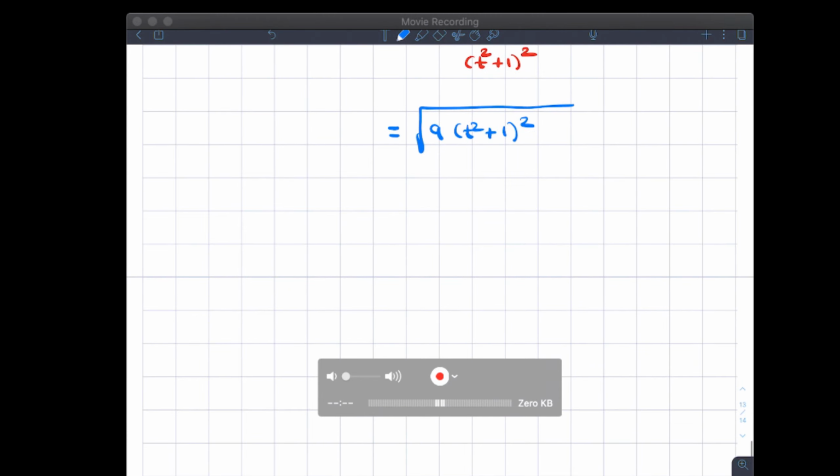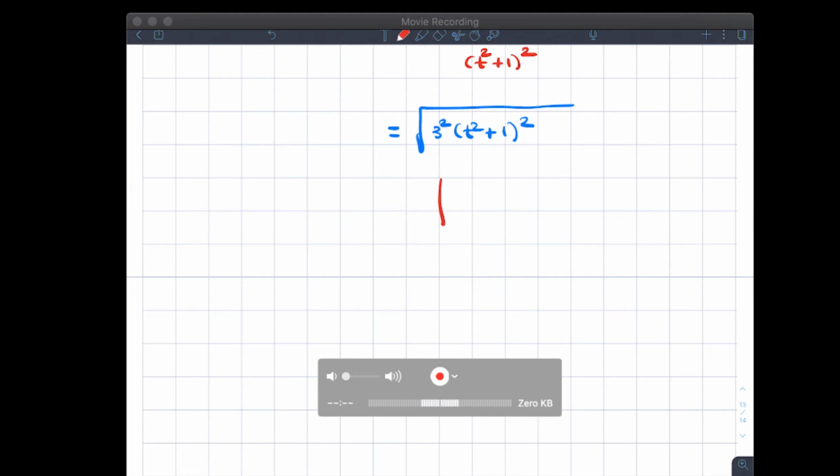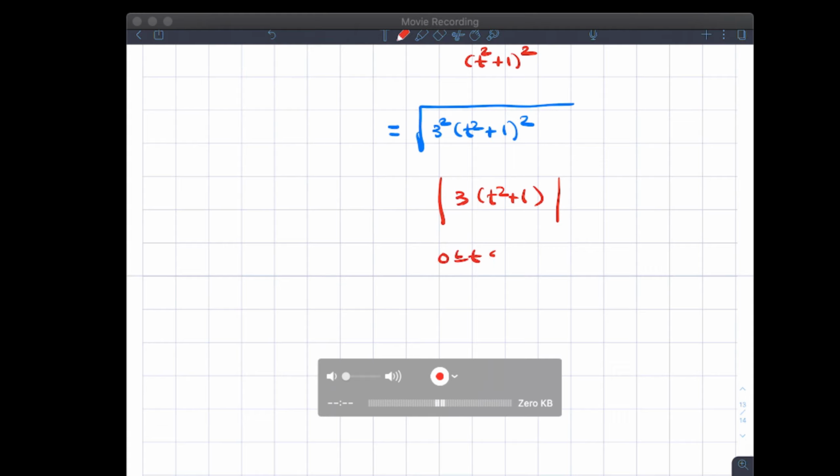And as you guys can see, I can replace 9 here and say, well, 3 squared is 9. This really becomes the absolute value of 3 times t squared plus 1. Okay, so just giving you all the detail. And what is going to happen is that this is from t going from 0 to pi.